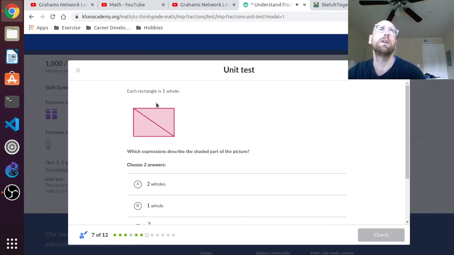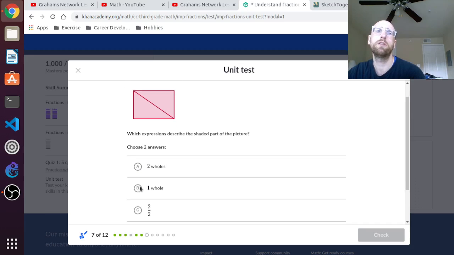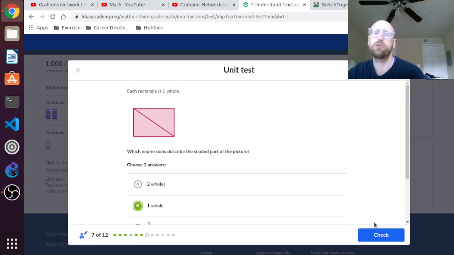Perfect. Each rectangle is one whole. Which expressions describe the shaded part of the picture? So this one's easy. We can see the entire picture is shaded, and there's only one rectangle here for one whole. So one whole is shaded.